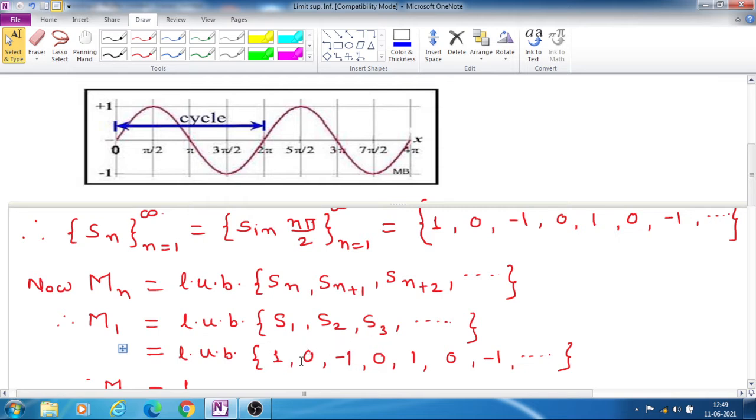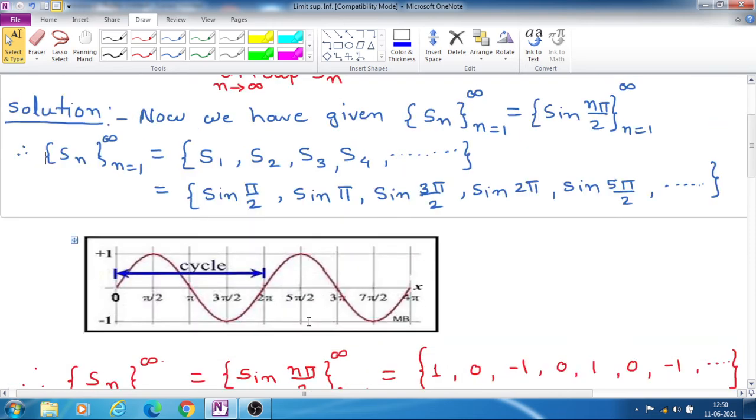For M2 we want the LUB of the set starting from S2. For capital M3 the set starts from S3. So first we must know what S1, S2, S3 are in this sequence.